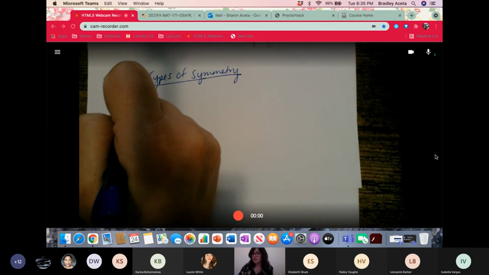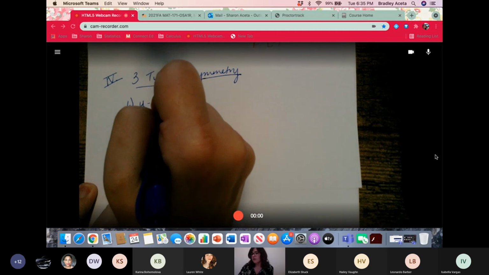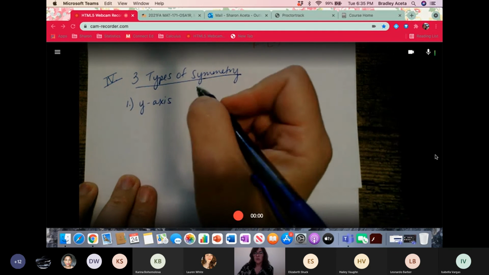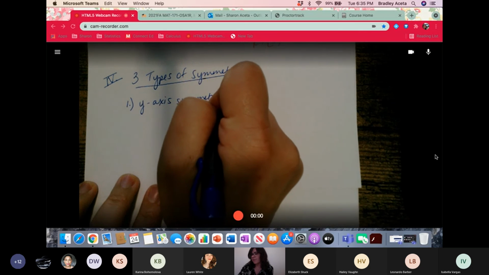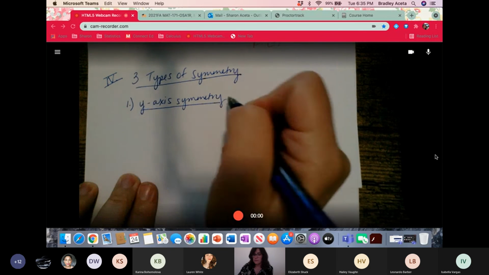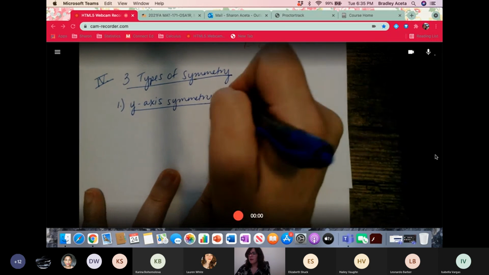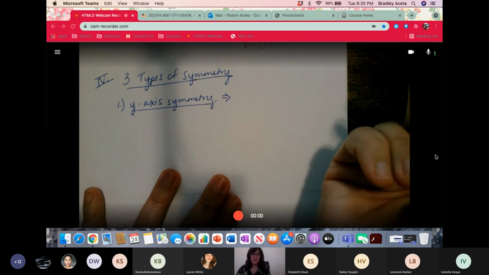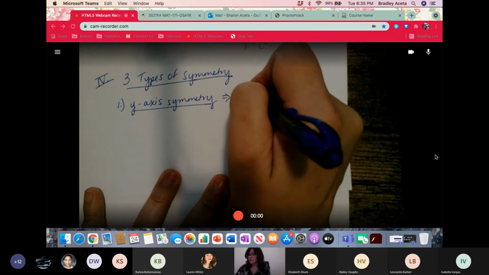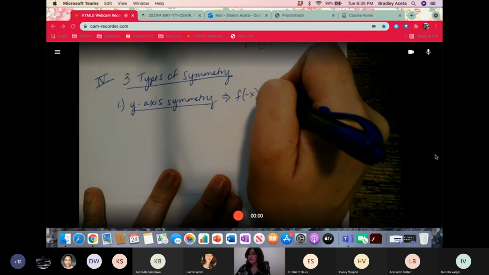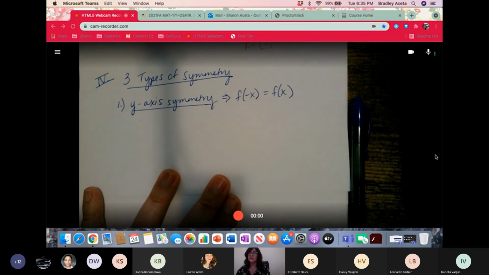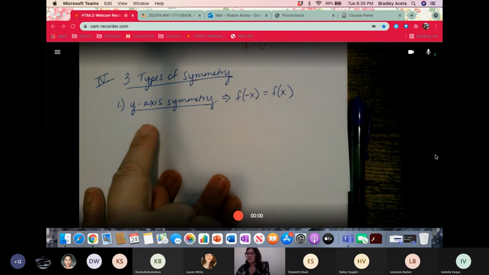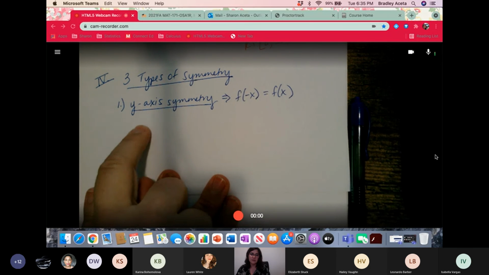So the first type of symmetry is you could be symmetric along the y-axis. Y-axis symmetry. Algebraically, analytically, it looks like this. f of negative x is equal to f of x. You need to write that down because they ask you questions of this, and you need to realize that they're talking about y-axis symmetry.